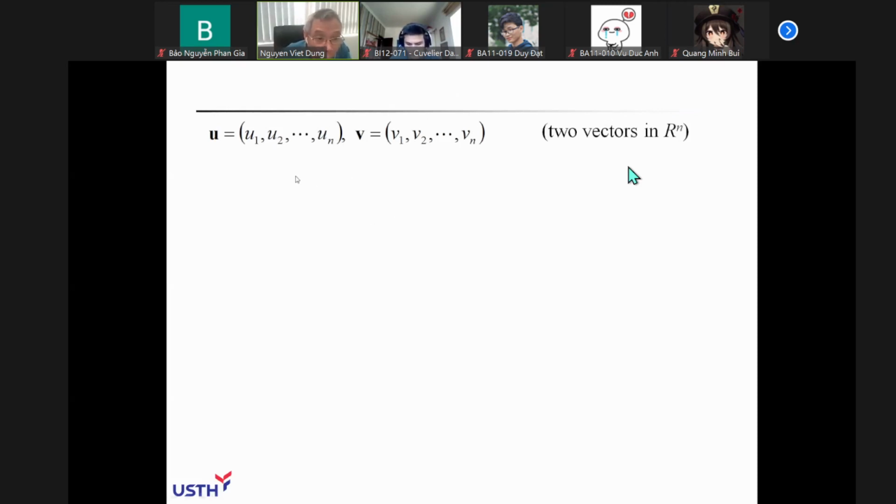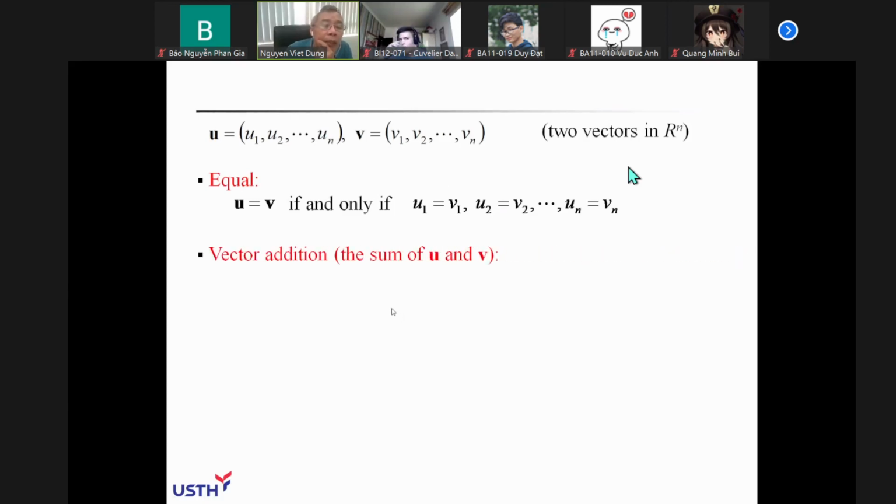First of all, suppose that you are given u and v, two vectors in R^n. Then we consider u equal v if and only if we have u1 equal v1, u2 equal v2, up to un equal vn. Then now we can define the sum of u and v. We call it the vector addition, that is addition of two vectors u and v.